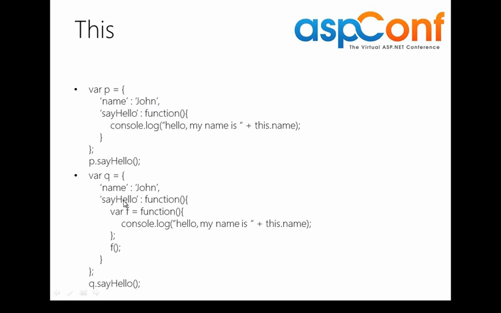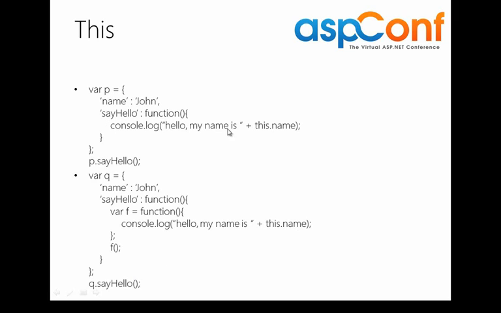The second one does the same thing, but does it in kind of a roundabout way. So you've got name John, but then sayHello is a function, and in this function what you're doing is declaring a variable var f equals function, and then doing the same thing, console.log hello my name is plus this.name, and calling that function.